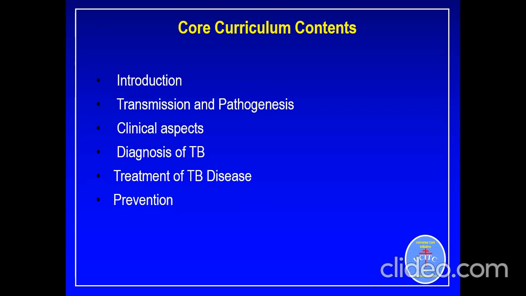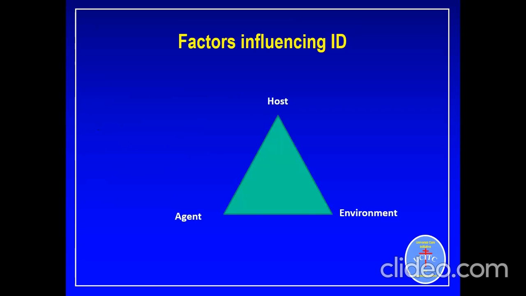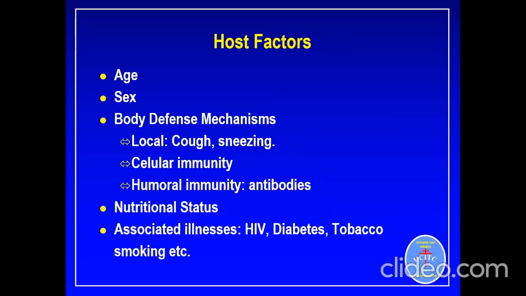So as we all know, the factors that influence any infectious disease depend on the host, the agent, and the environment. Now, the triad has to function in unison so that the infection can either be controlled or get aggravated.